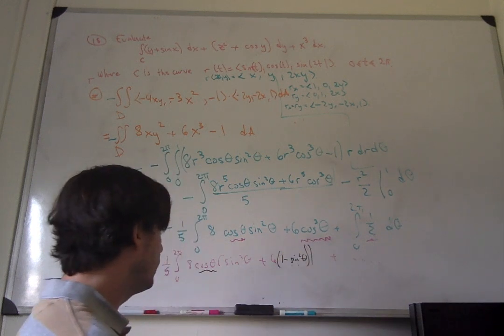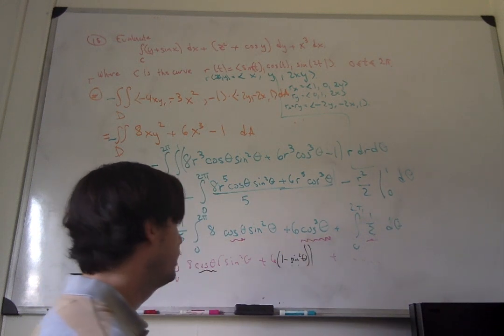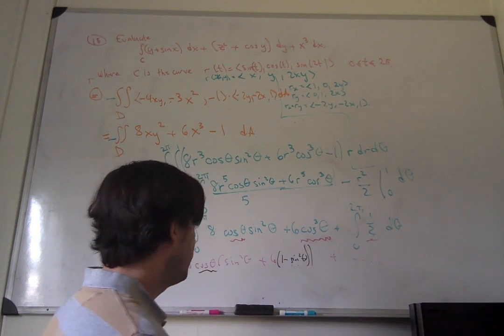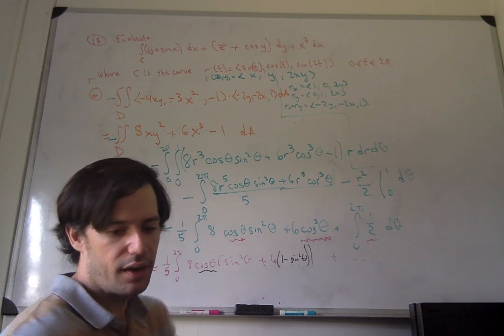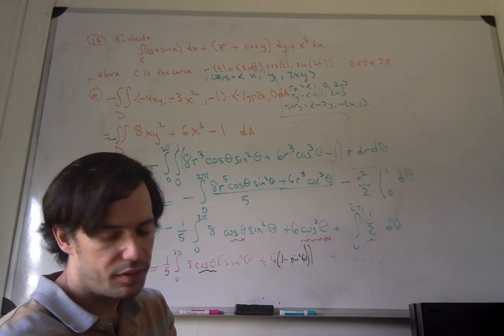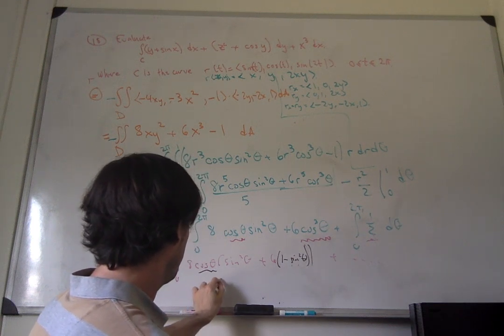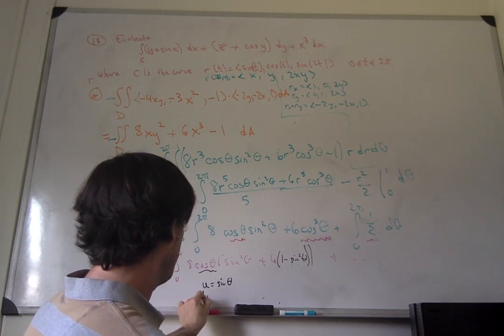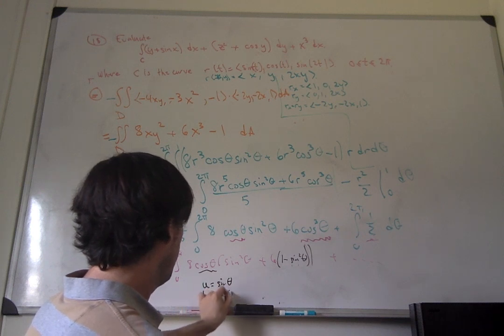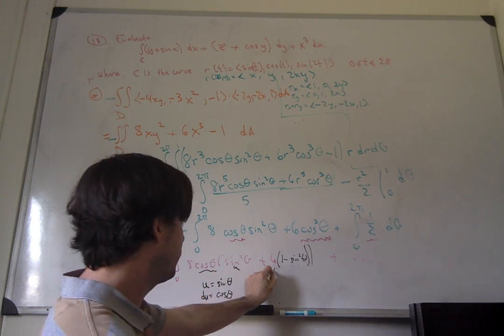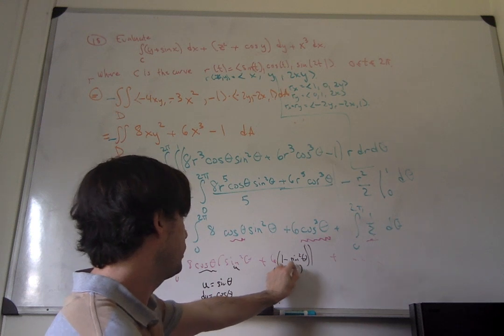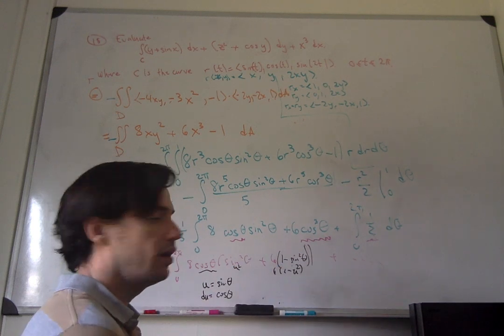So this whole bit right there is going to go away, right? Because if I say let u equal sine theta, du equals cosine theta, well, now I've got a u and a 6 times 1 minus u squared, right?